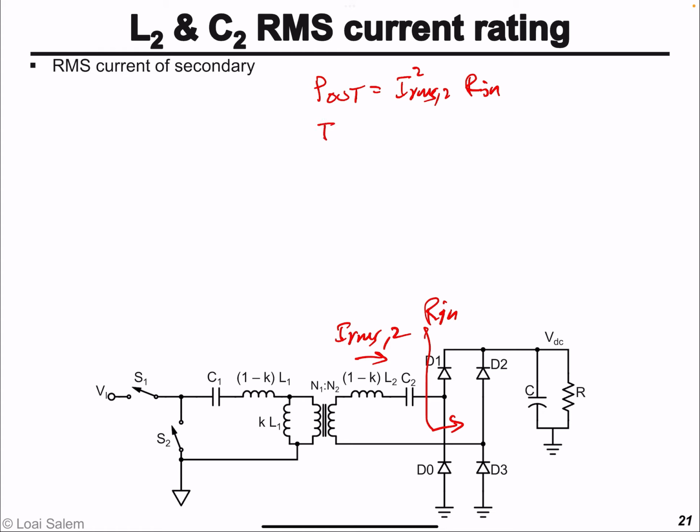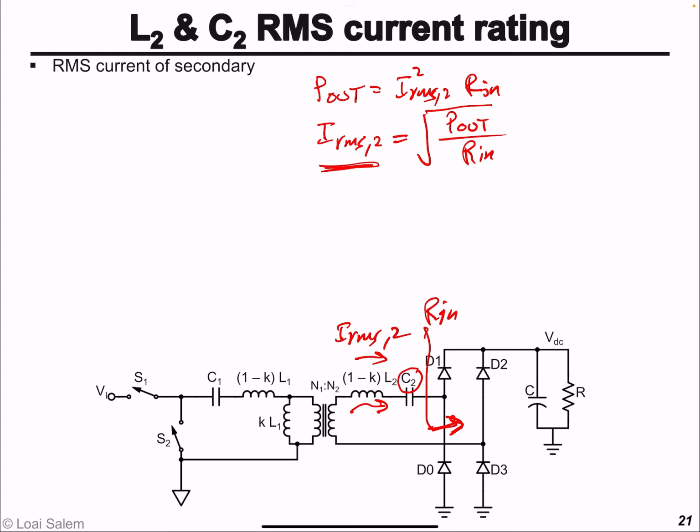And so the value of the RMS current in the secondary is equal to the square root of the output power divided by the equivalent input resistance of the full bridge rectifier. And that's it. Now we found the maximum RMS current that will flow in the capacitor as well as in the secondary side coil.